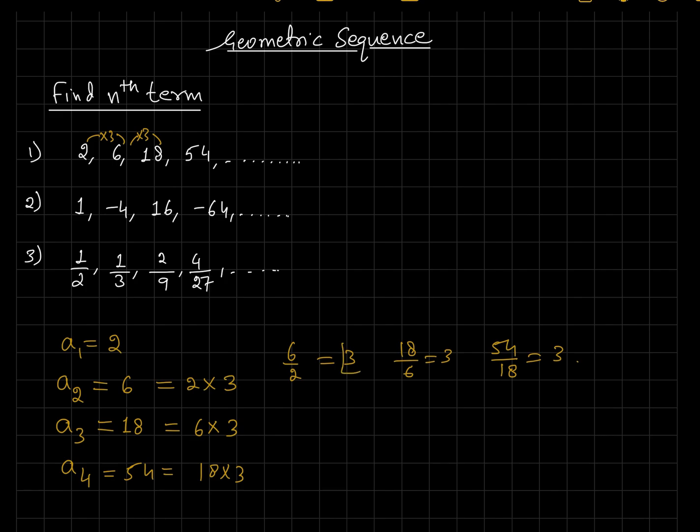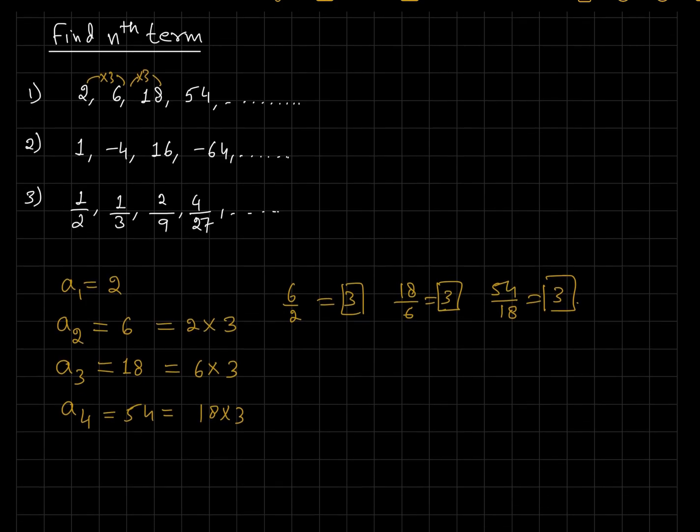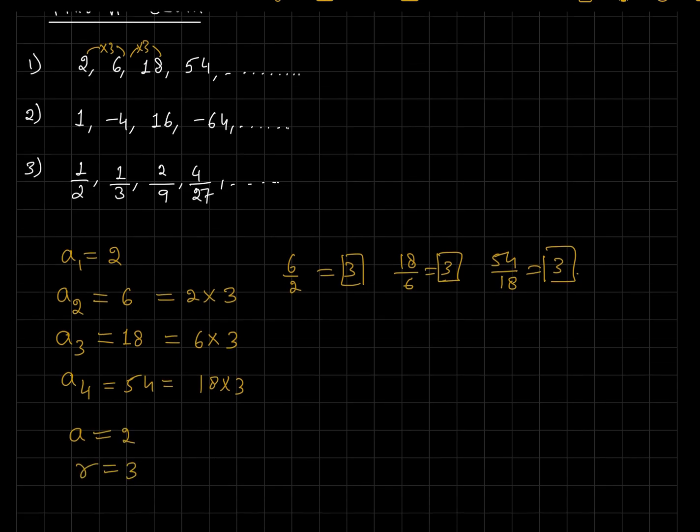This constant number we denote as r. So in this particular sequence 2, 6, 18, 54, our a, the first term, is 2 and r is 3.